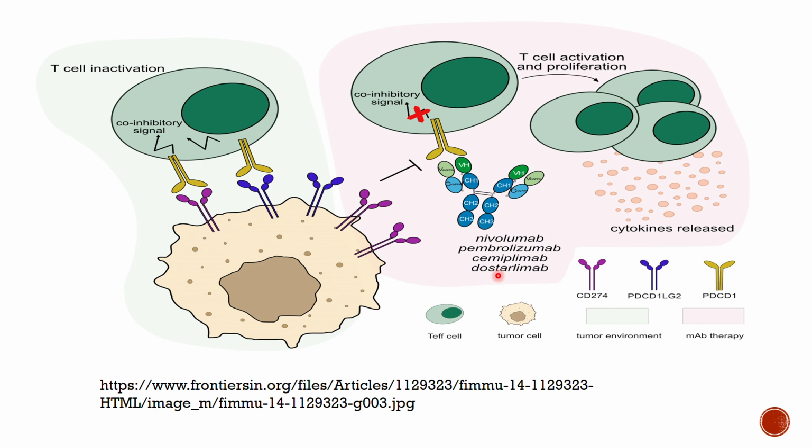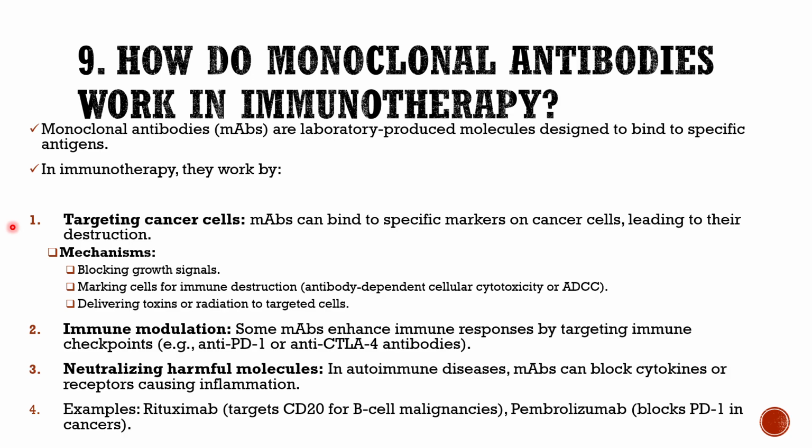So during the usage of monoclonal antibodies in immunotherapy, as I mentioned, it has specificity to bind to its specific antigen. Here, a monoclonal antibody can bind to a specific marker on cancer cells, leading to their destruction.